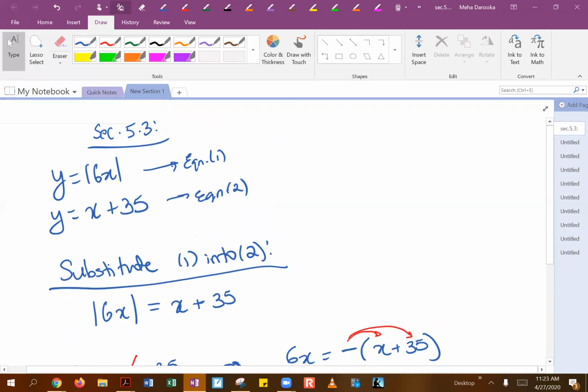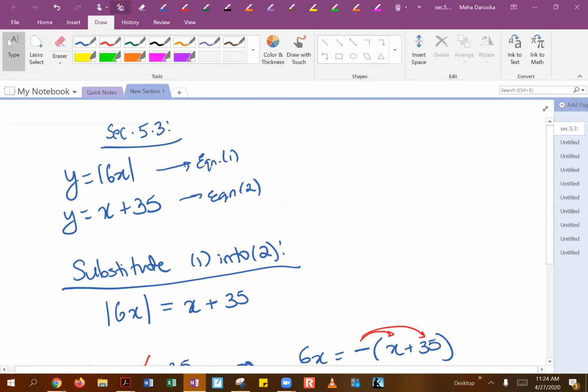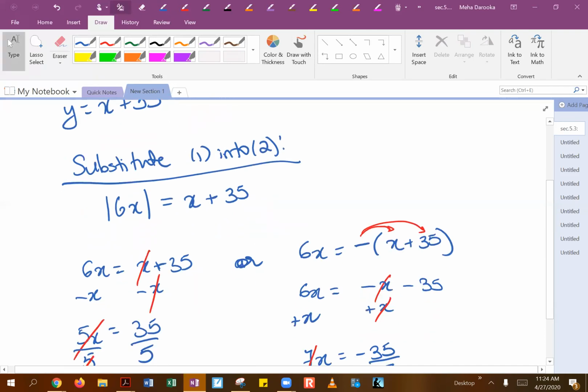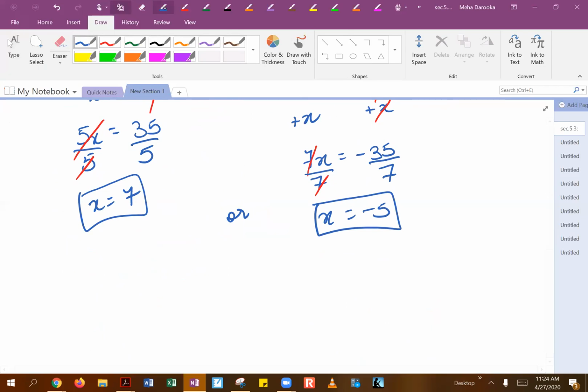And then what will we do to find the y value? You're going to plug in your negative 5 and your 7. And which equation do we want to use here? The y equals x plus 35, equation 2. Okay, sure. And of course, you can use any of the two original equations, but let's go ahead and use the second one.